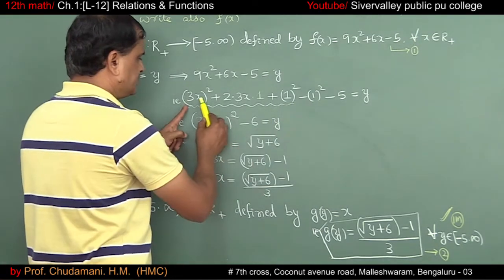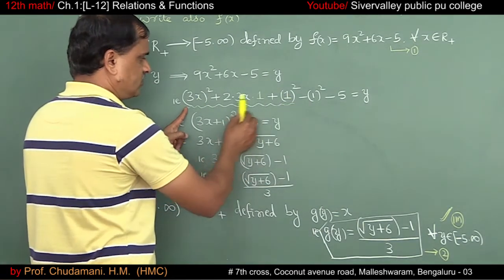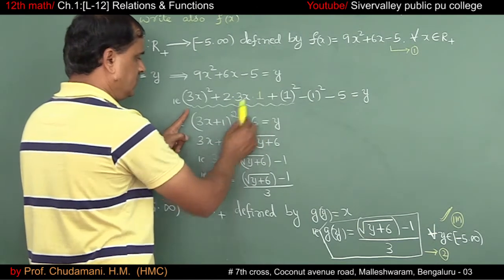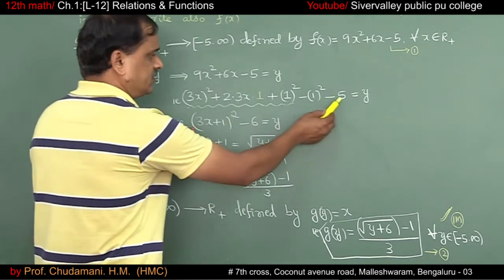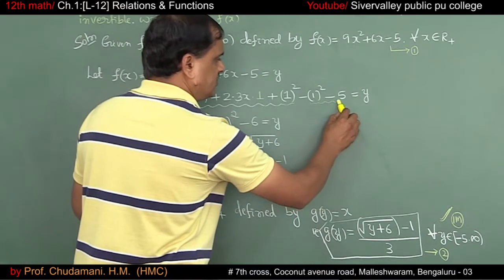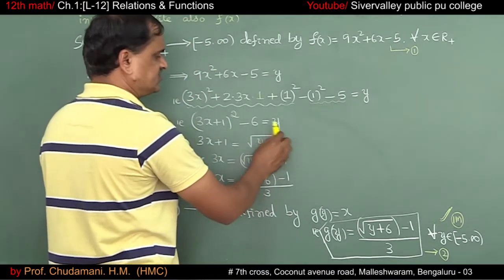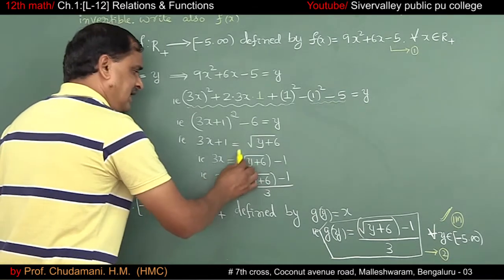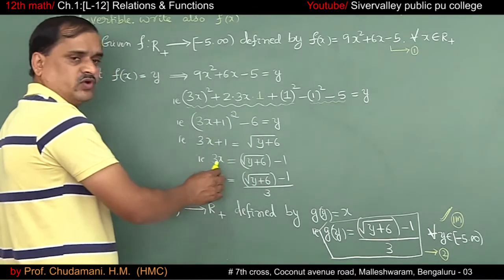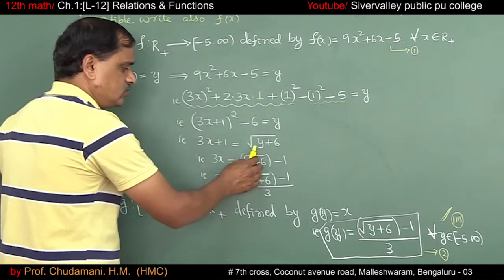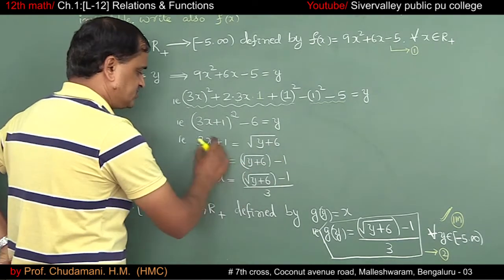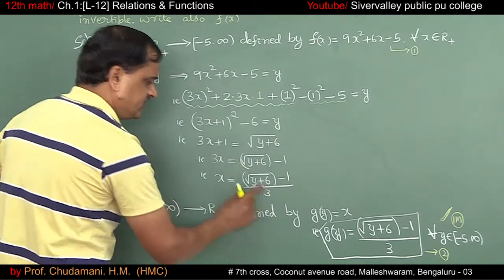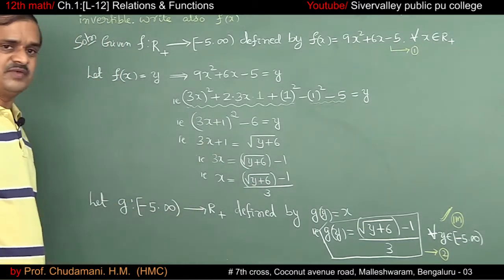Now these three terms, a square plus b square plus 2ab, make a plus b whole square, minus 1 minus 5 means minus 6 is equal to y. Shift this to the other side: y plus 6 is equal to 3x plus 1 whole square. So 3x equals root of y plus 6 minus 1, so divided by 3. That is the value of x.